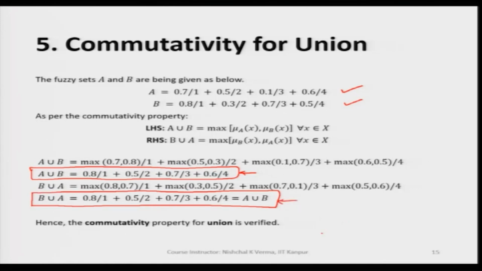We can clearly see that all the elements of A union B and B union A are the same. So, we can clearly say that these two fuzzy sets are equal. When these two fuzzy sets are equal, we can say that the commutativity property for union is verified.